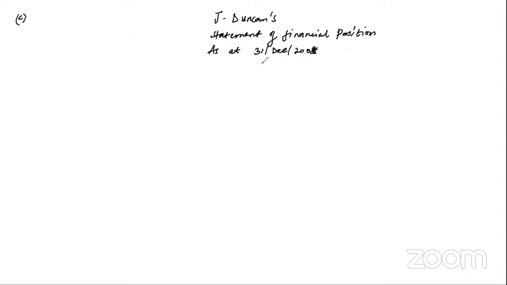Of course, we have a column of cost, then we have accumulated depreciation, and then the net book value.